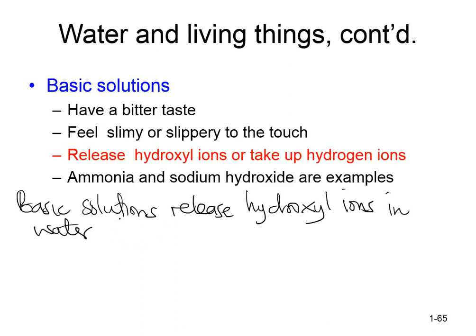Actually, it's hydroxide ion, not hydroxyl. The hydroxide ion is OH minus. Examples are ammonia, sodium hydroxide, and others.